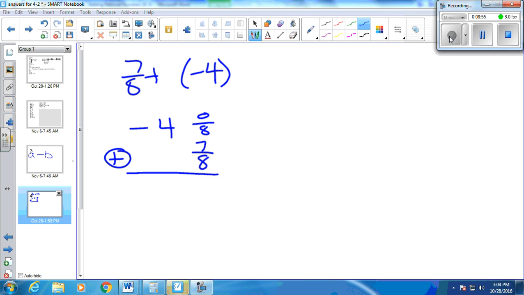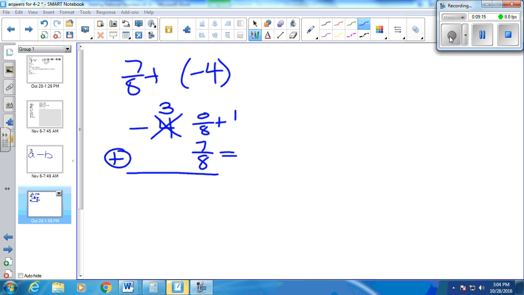And because my signs are different, I'm going to need to subtract. And when I look at what I've set up, I can't take 7 away from 0. So I am going to borrow from this 4, borrowing 1 whole, which equals 3. So what I'm really doing is adding 1 whole onto 0/8.